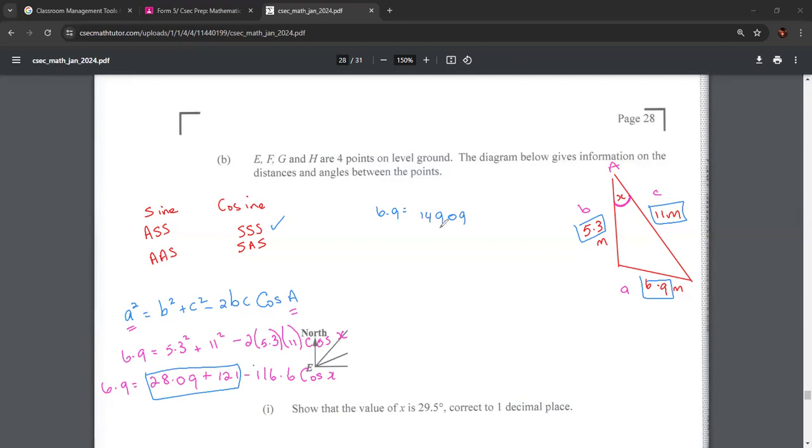So 149.09 minus 116.6 cos of x. I could carry this across. It was adding, remember the sign is in front, this negative belongs to what? The 116.6. So because this was adding, when it comes across, it becomes minus.